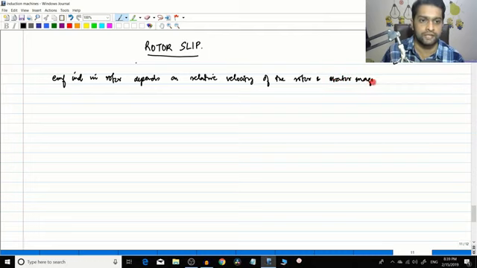The stator as such cannot rotate, but the magnetic field created in the stator rotates. So it is the relative velocity of the rotor and the stator magnetic field.